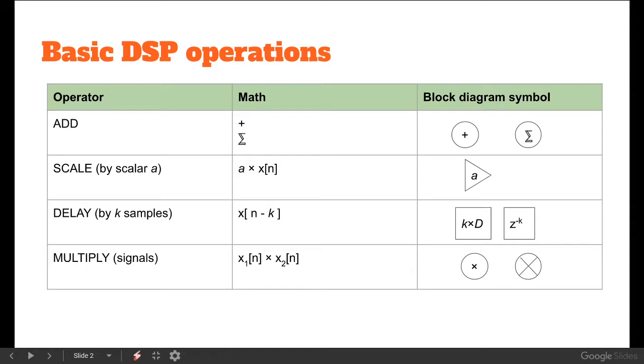But as a curiosity, multiplication of signals could be done, for example, in your sinusoid generation. So if you have a sine wave generation here as a signal, and then you have the envelope with this ADSR block.